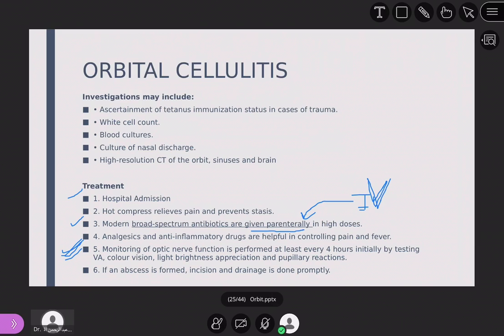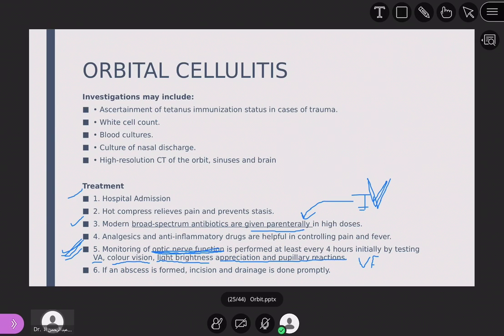What are the functions of the optic nerve? This is very important. Visual acuity is 1. Color vision 2. Light brightness, which is contrast, 3. Pupillary reaction 4. Visual field 5.